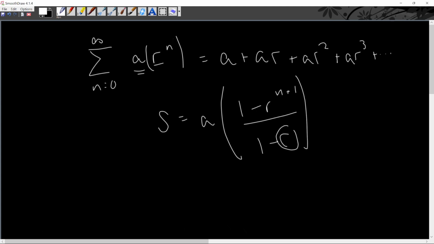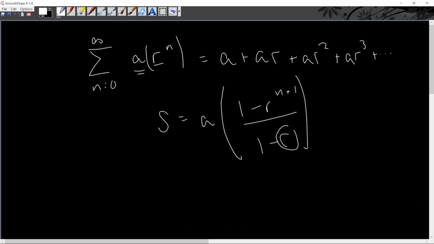If you plugged in an infinite n value, you're going to have r, which is a fraction whose absolute value is less than 1, so it's going to be like 1/2, 1/3, 4/5, 9/10, whatever. That absolute value is less than 1, and if you raise it to a really high value, you are getting closer and closer to 0, right?